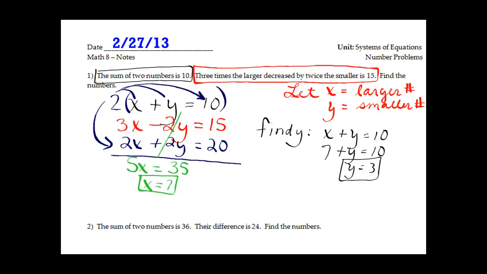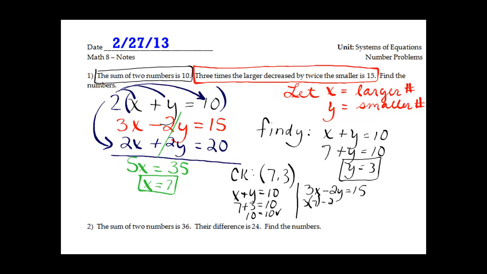It doesn't say on here to check, but I would just do a quick check. Writing the original equation.